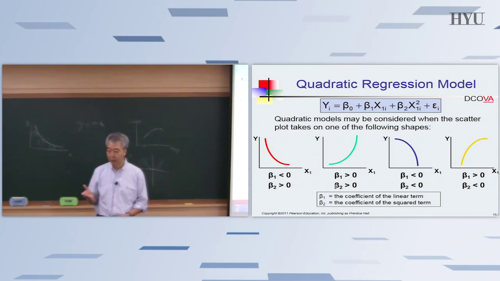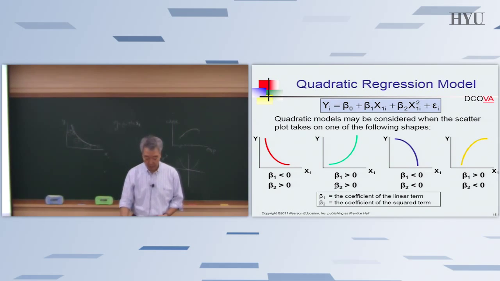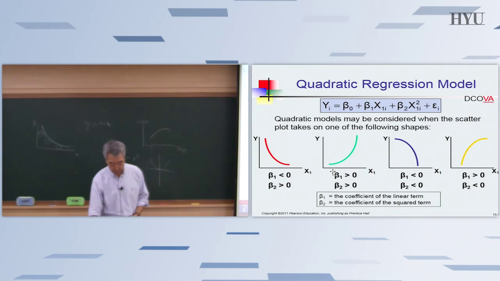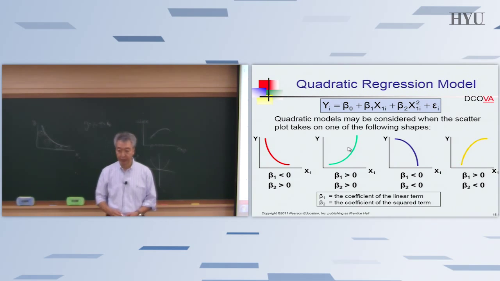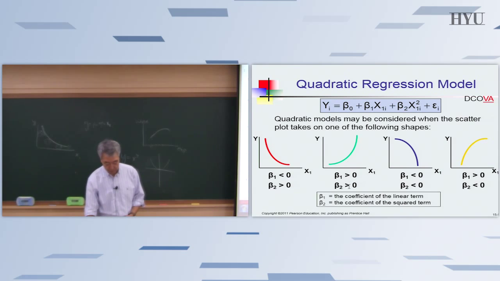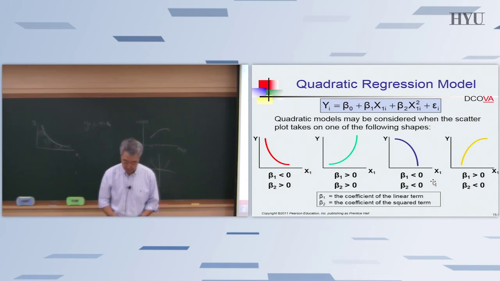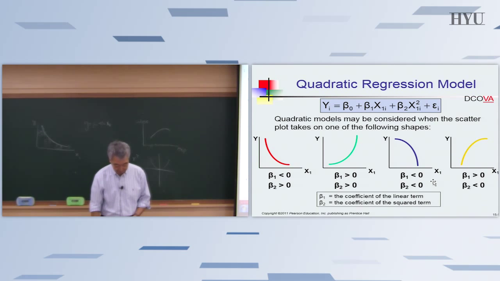It becomes stronger. As x1 increases by 1 unit, initially the y value increases by 0.5 or 1 unit, but if you go to a larger value of x1, then the y value increases very fast. That's what this positive coefficient implies. All right, so you can figure out the rest of the slope and the shape of the curve.